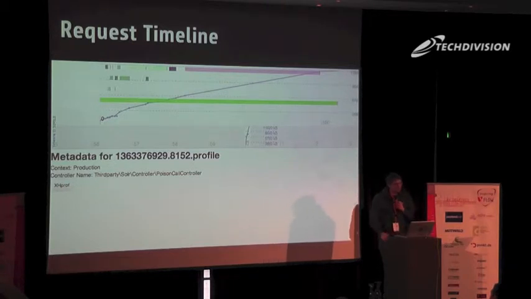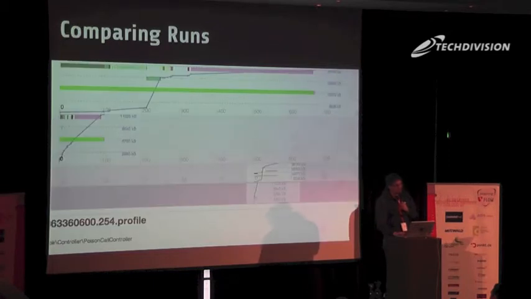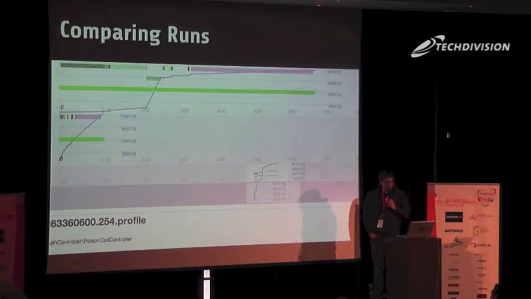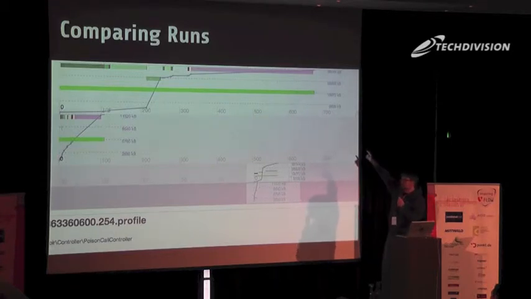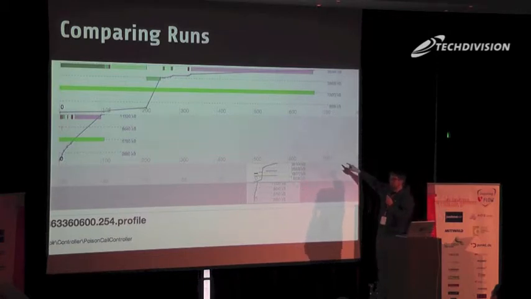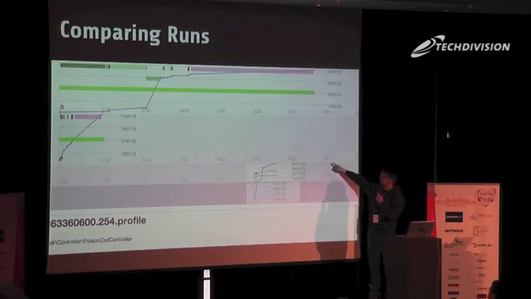Now the good thing about this timeline is that you can use it to compare two runs. And this is a nice example. What you see is one run at the top and one run at the bottom. If you look closely, they have the same scale, so those two 700 millisecond marks line up.